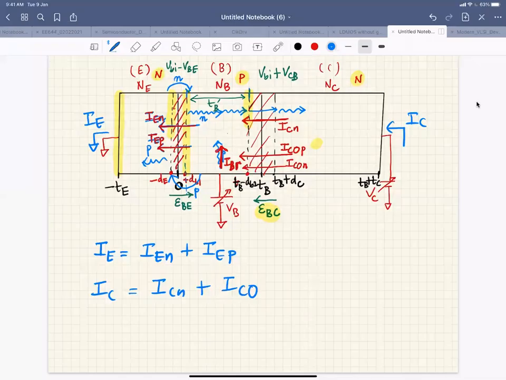Similarly, if you look at IB at this terminal, if you solve the KCL, IB will be IEP plus IBR minus IC0, right.